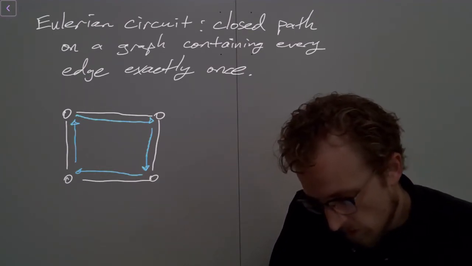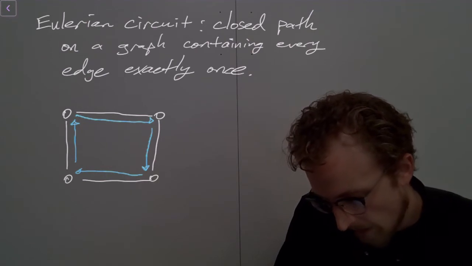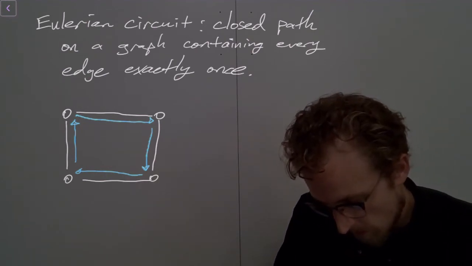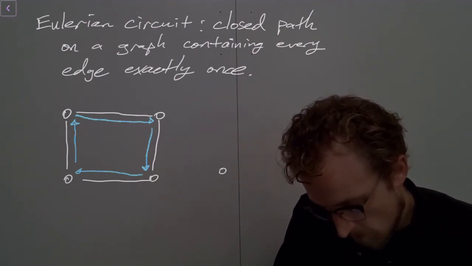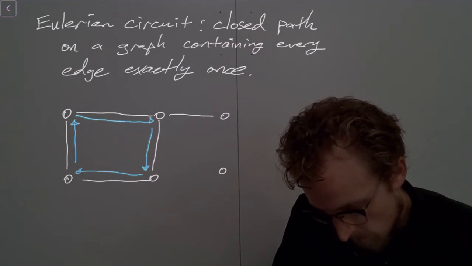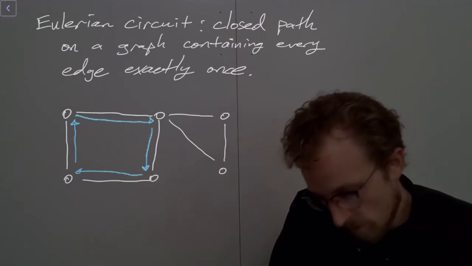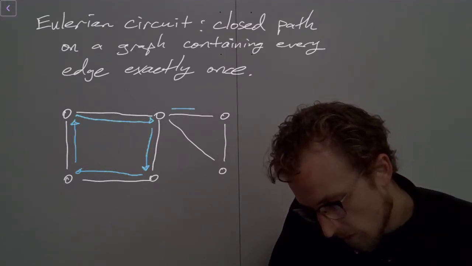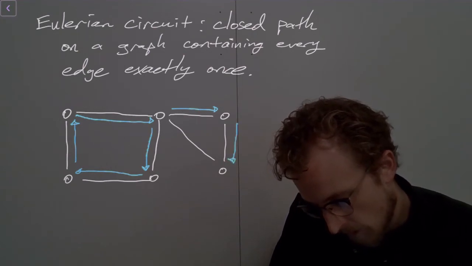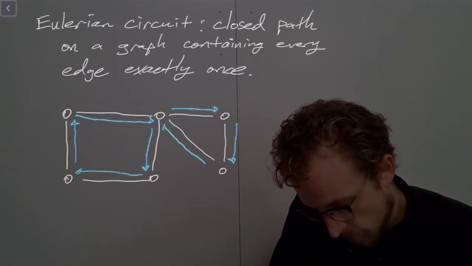Another graph that has an Eulerian circuit is we could just add some nodes to this graph. So I could say, here's another node, and we go there, there, and there. So what's the Eulerian circuit on this graph? Well, we can just augment the original one with a new one, right? It could be here, here, and here.